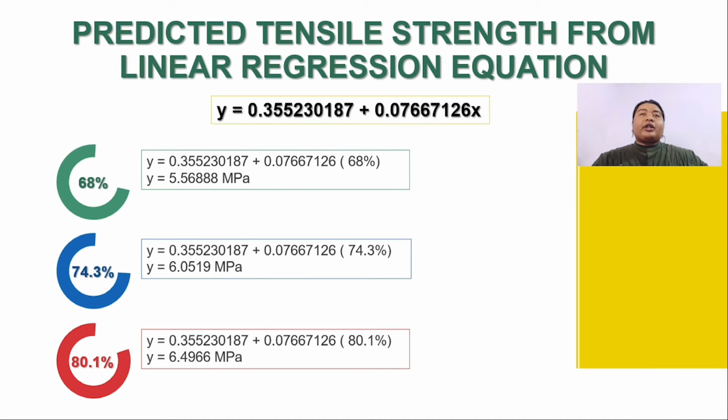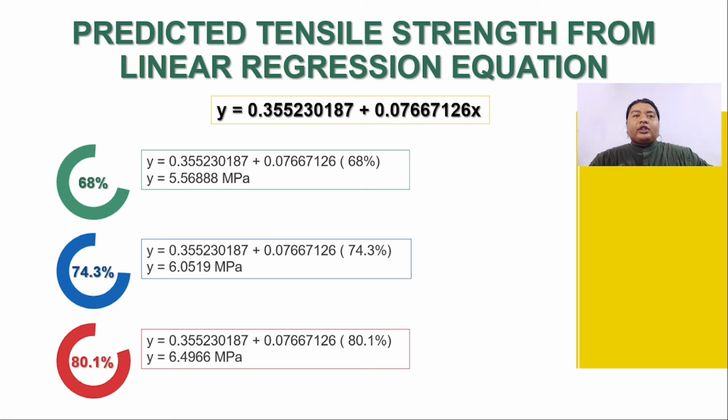Next, here is the predicted tensile strength from the linear regression equation. The equation we obtained just now is y equals 0.3552301887 plus 0.0766726x. For the relative density of 38%, the predicted tensile strength is 5.5688 megapascal.